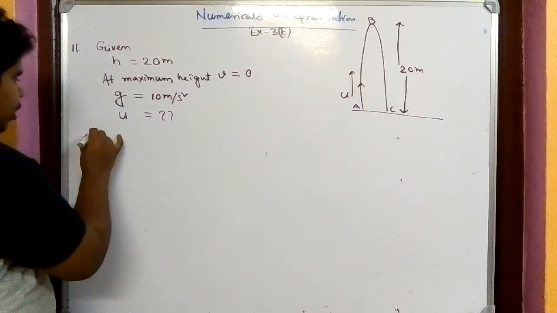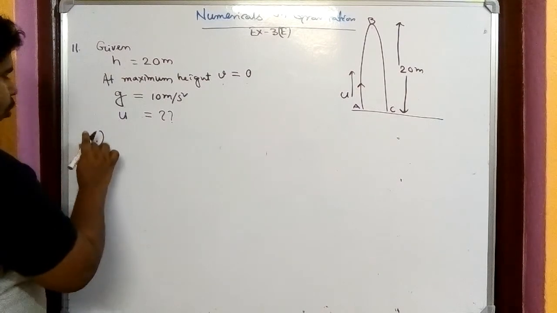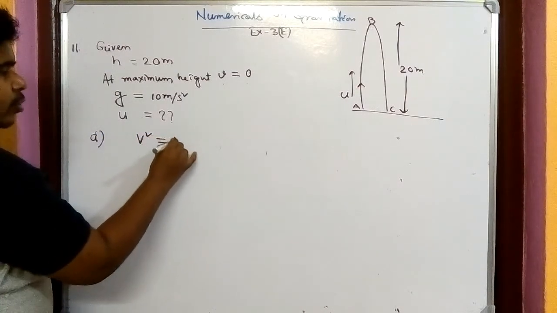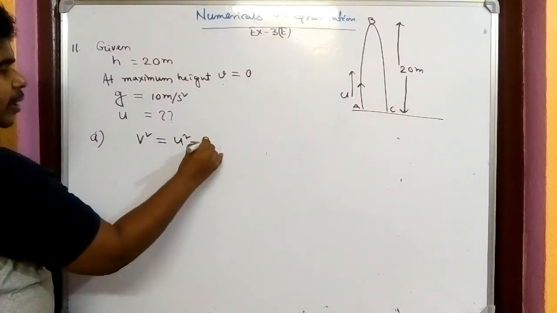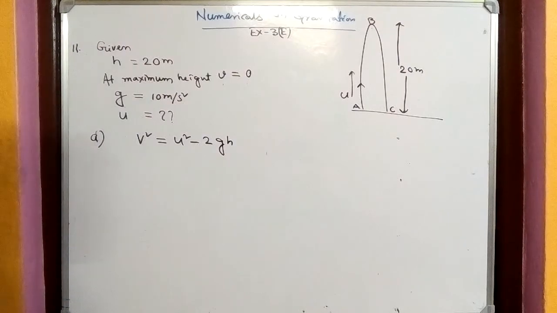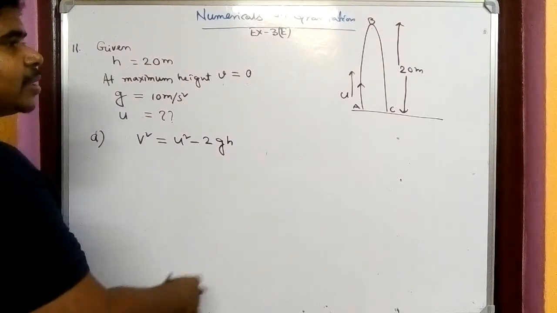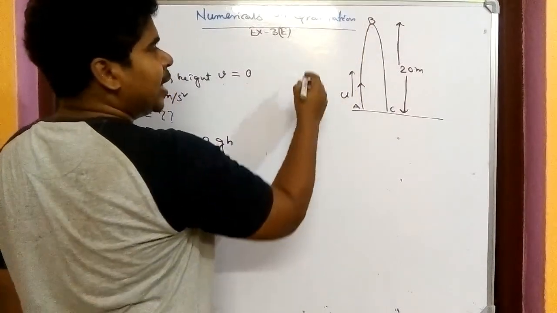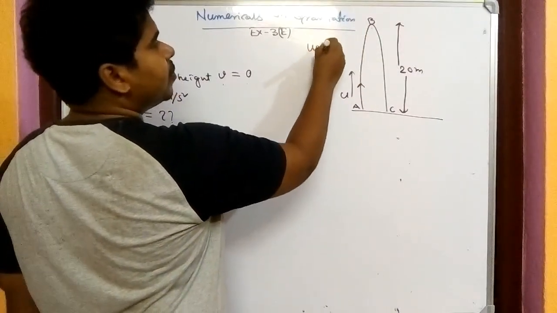So for the first question, I'll go for the equation v square equals u square minus 2gh. Now you might be asking, sir, why are we taking minus? Because, simple thing, A to B, in this case, is an upward motion.